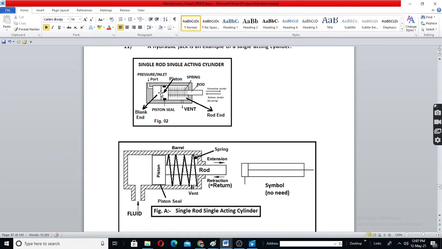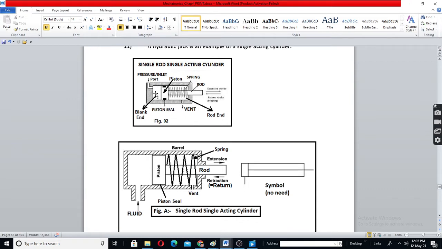Piston will be forced to move to the extension end. A small air ventilation is given here so that when piston moves here, air is free to go outside, else the operation will be sluggish, because air also here will become compressed. So small air vent is given here.